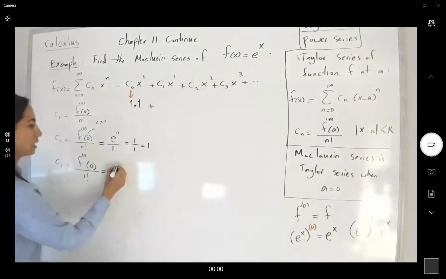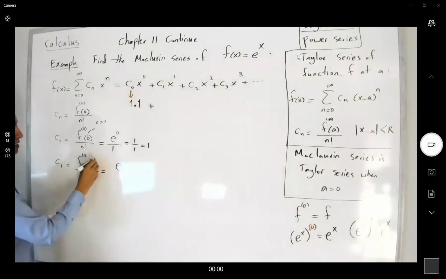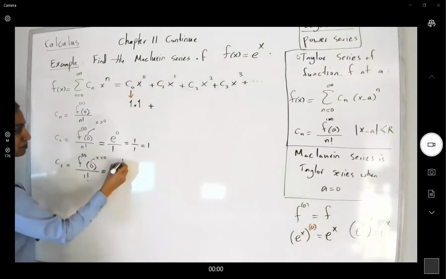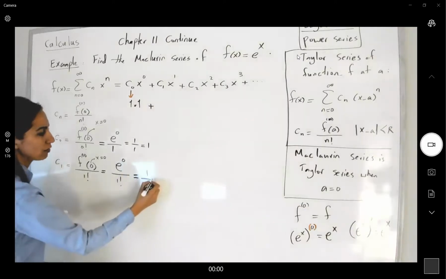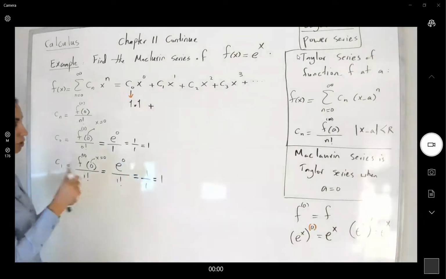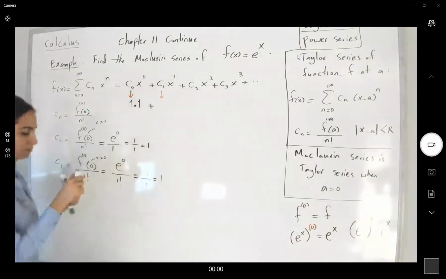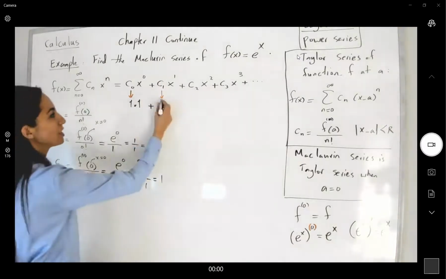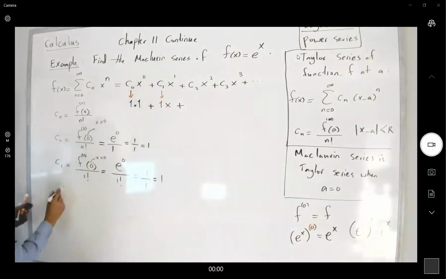So we have e to the x, but what is x? x is still 0. Divided by 1 factorial, we get 1 over 1, which is 1. So c sub 1 is also 1, giving 1 times x plus.